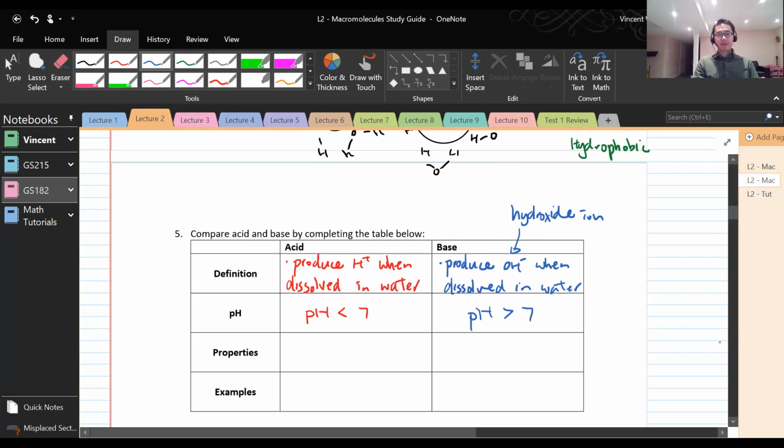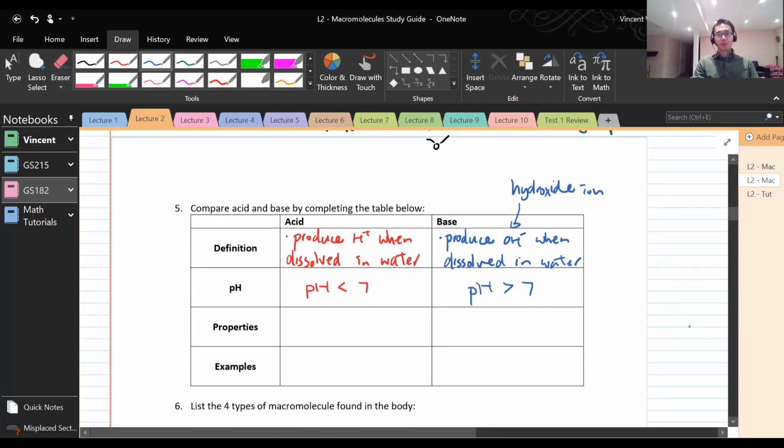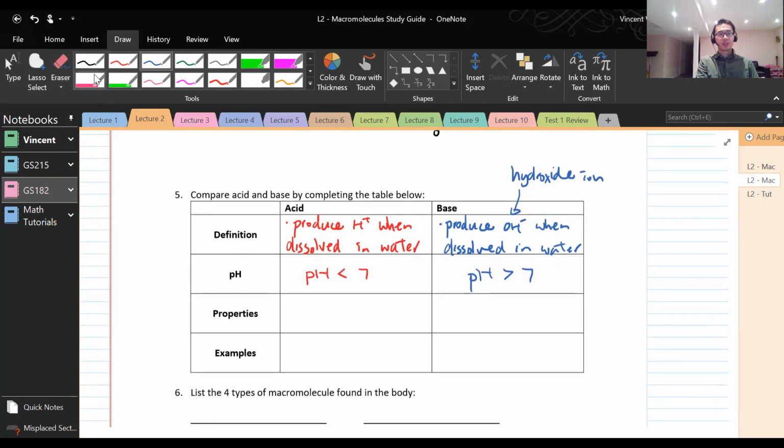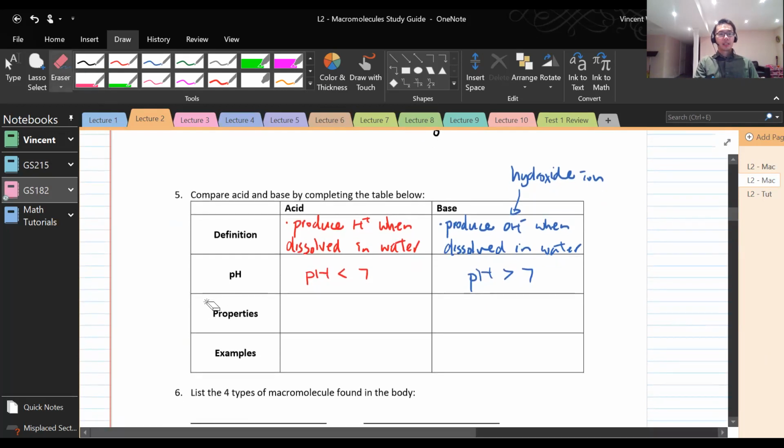If it's exactly 7, then it's neutral. Pure water is neutral. Properties: acids are sour. Think about orange juice and vinegar, those are sour. They are corrosive. They can conduct electricity.